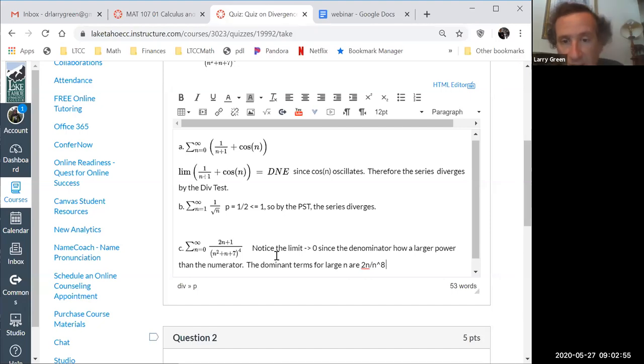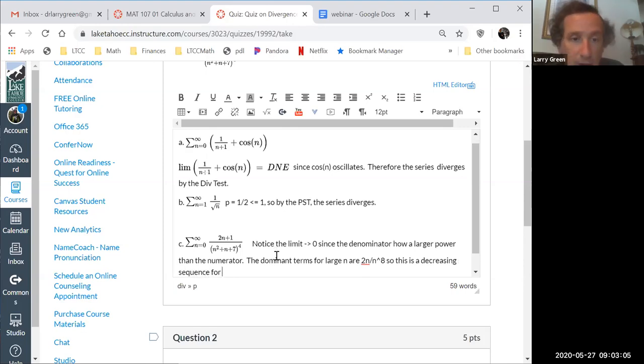So this is a decreasing sequence for large n. Therefore we can use the integral test. You have to check those two things first to be able to use the integral test, otherwise you can get in all kinds of trouble. For example, in part A you can't use the integral test because it doesn't go to 0, it's not decreasing. In part B you can, but the p-series test is easier.